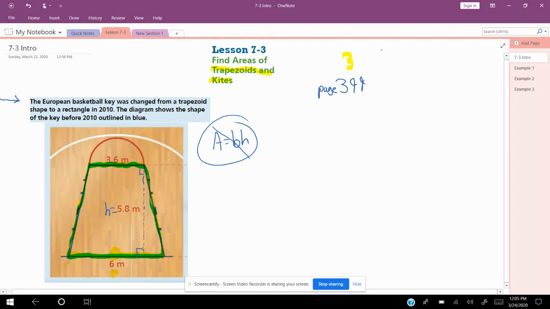So that's the height. But what's the base? Is 6 the base? Or is 3 6/10 the base? Because if I did area equals base times height for each one of those, I would get two completely different answers. And every polygon can only have one area. It can't have two different areas. So we're going to go back to this problem in just a second.